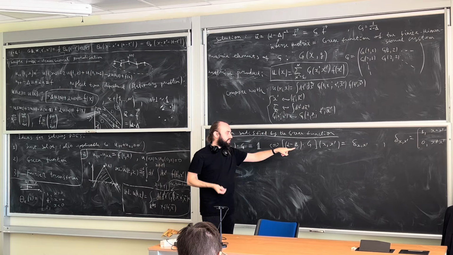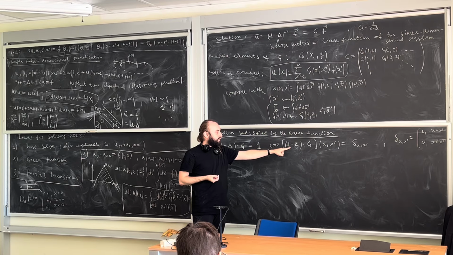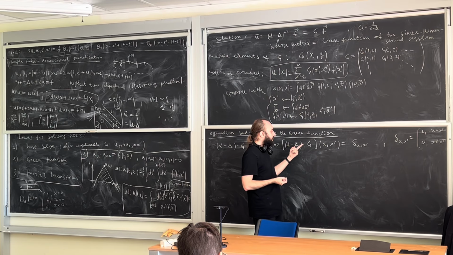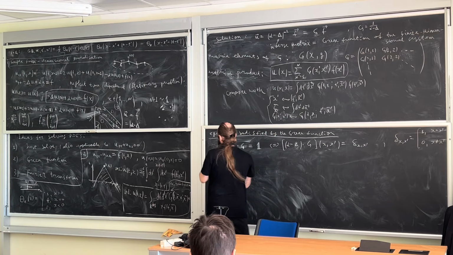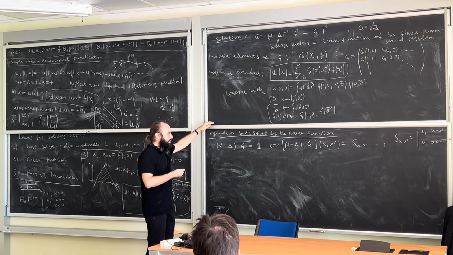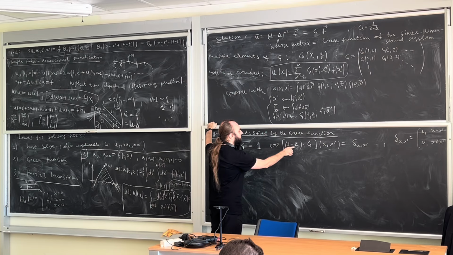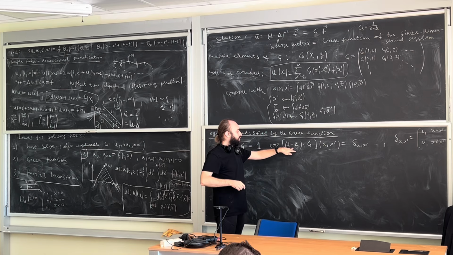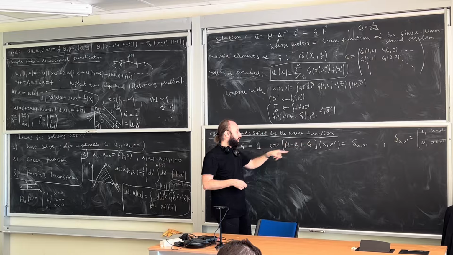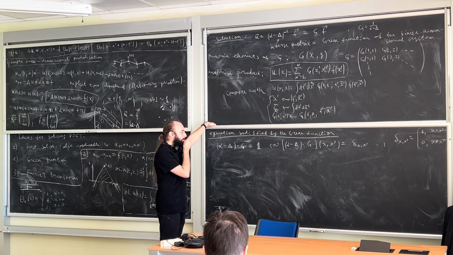So there is this equation, and if I write it explicitly, then it looks like this. We write the action of this difference operator on a function of two variables in the first variable.